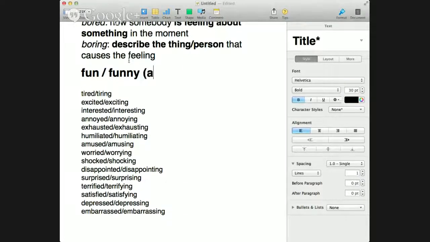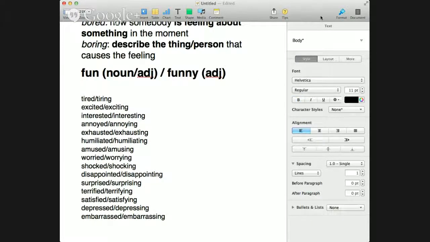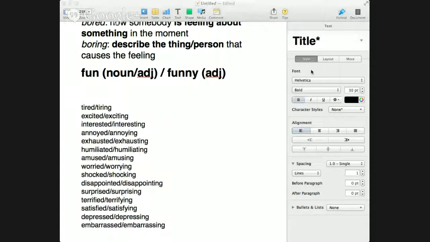Right, yep, very good. That's absolutely correct, and that's the easiest explanation. Well done, Elena. The only problem is we can also use this as an adjective. So the problem comes when we use fun as an adjective or funny as an adjective. What's the difference between saying something is fun or something is funny? Any idea?